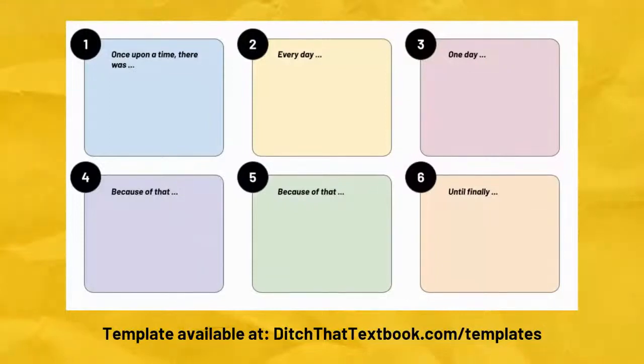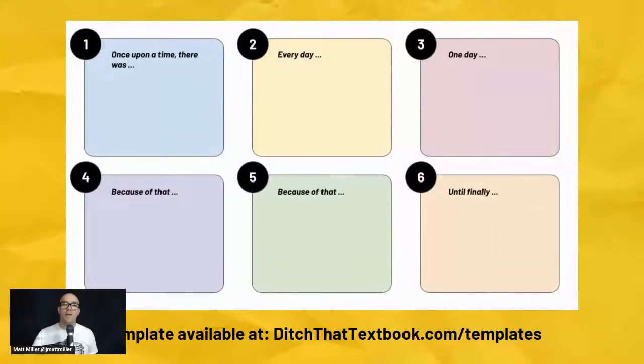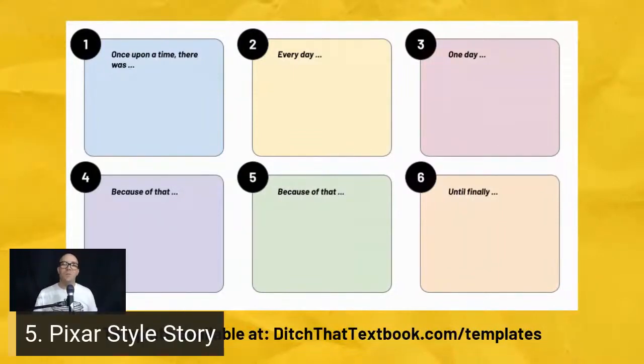And because of that, until finally you get some resolution. So whether you're creating this on blank pages in a Book Creator book, or if you're using a template like the one that you see on the screen here, either way, it gets students involved in writing in a way that's very similar to the way that they would on Pixar.